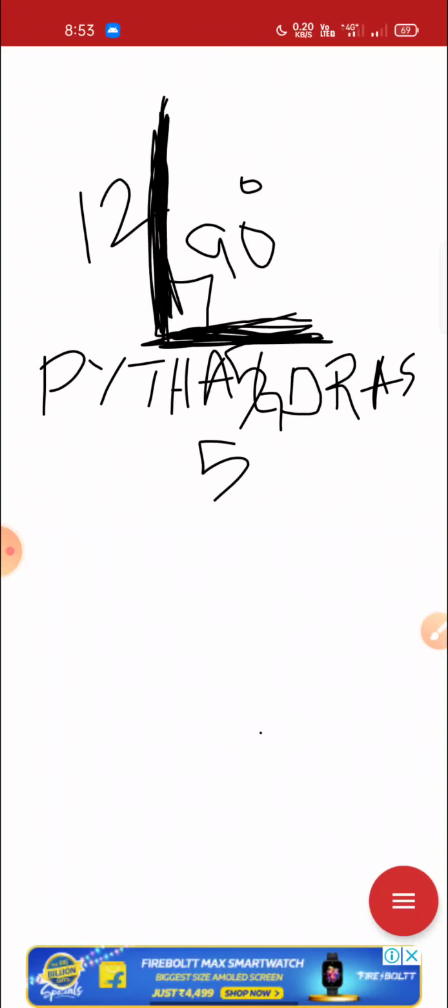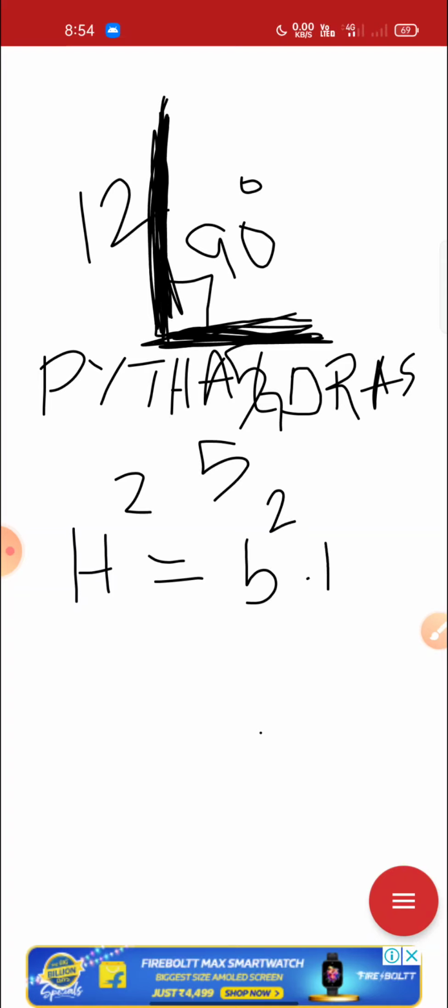Now you want to know whether this is perfectly straight, or in mathematical terms, whether it is a right angle triangle. So how to find out? We use Pythagoras theorem formula. The formula is hypotenuse square is equal to base square plus height square.